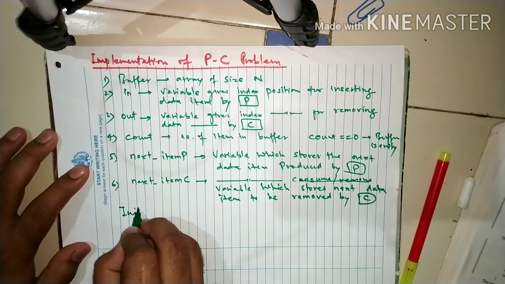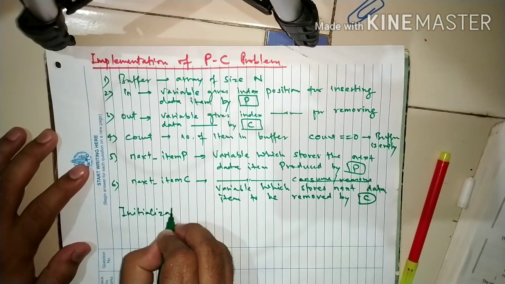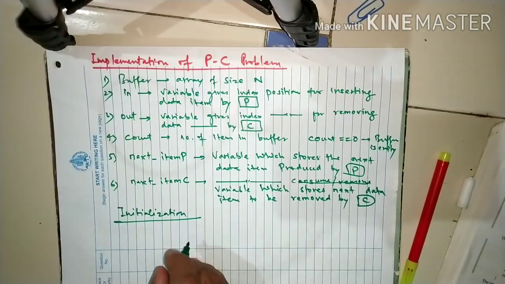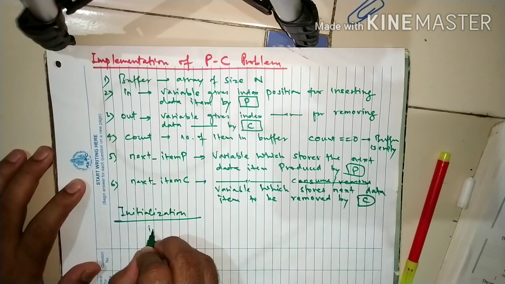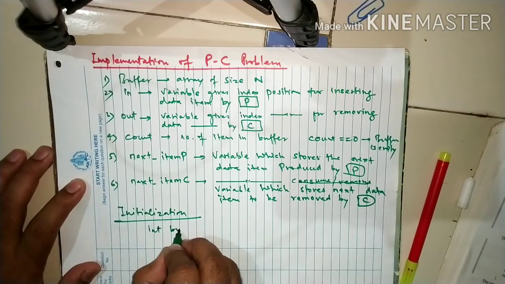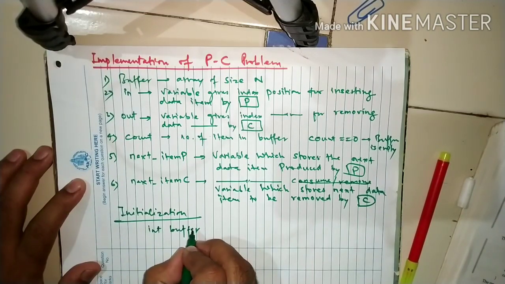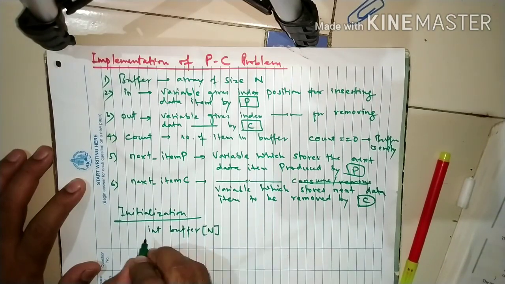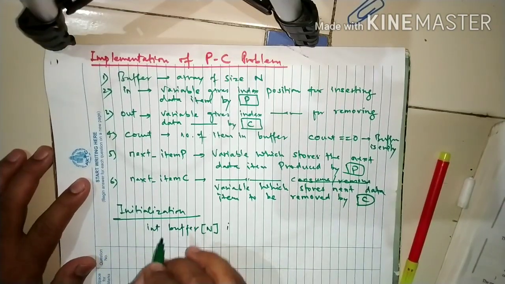Then a few initializations we have to do. First of all, we have to declare an array named buffer of size n of type integer. This is the first declaration.